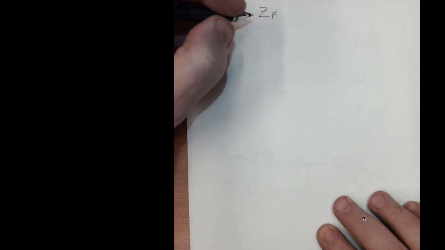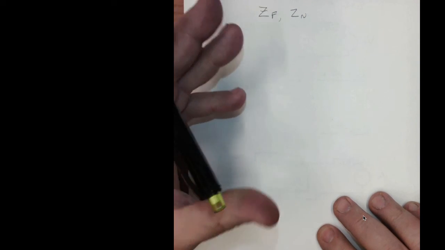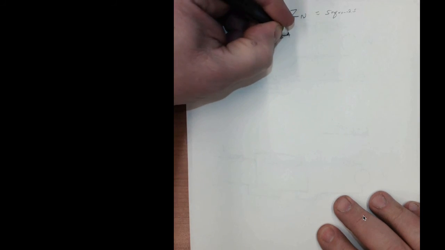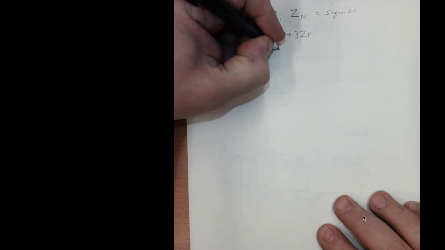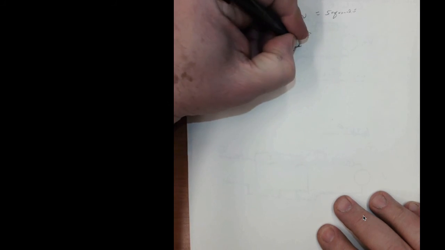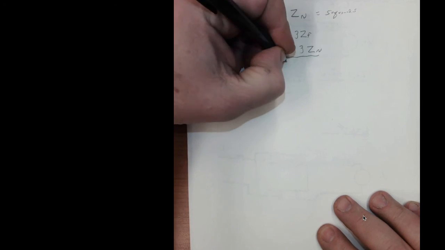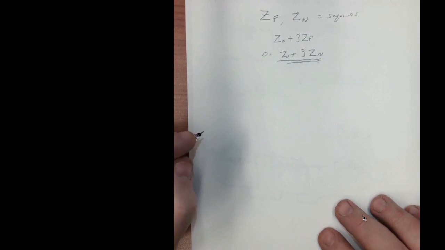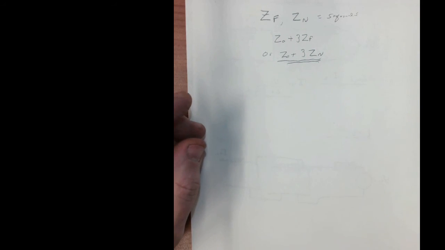When I have a fault, or some impedance in my neutral circuit, then when I consider my sequence networks, it's Z0 plus 3 times ZF, or Z0 plus 3 times Zn in my calculations. I'm giving a very quick overview of this, but this should be useful for us as we go through our work.